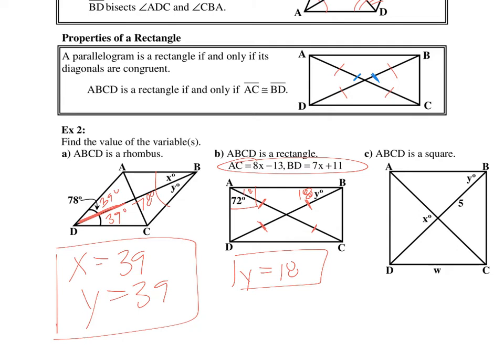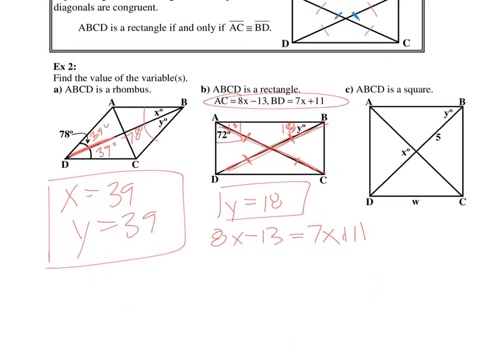All right, so we have 8x minus 13, which is this whole thing here. I know that it's equal to BD, because the diagonals are congruent. They're the same length for a rectangle. So 8x minus 13 is equal to 7x plus 11.